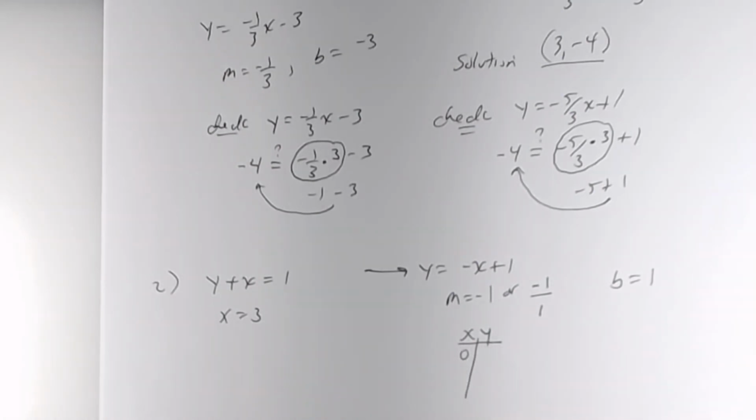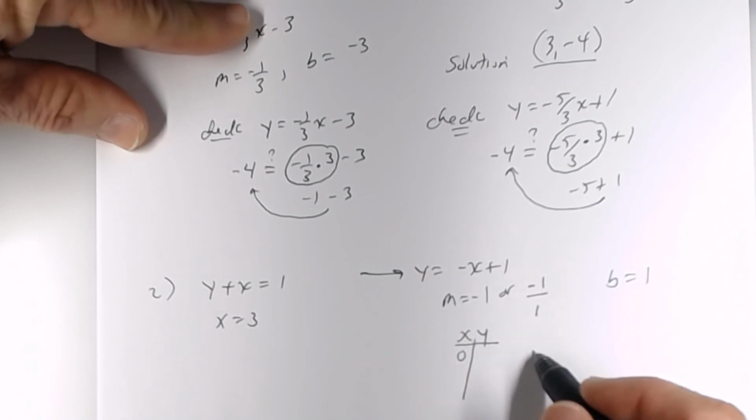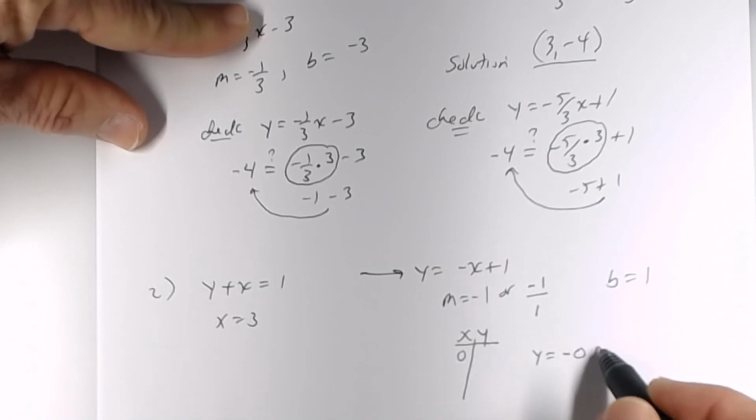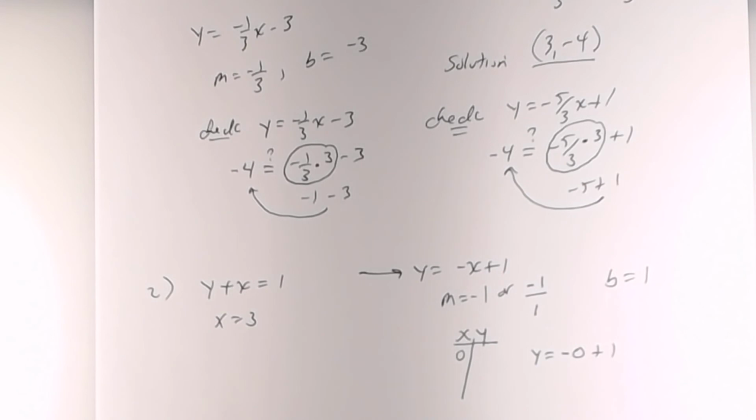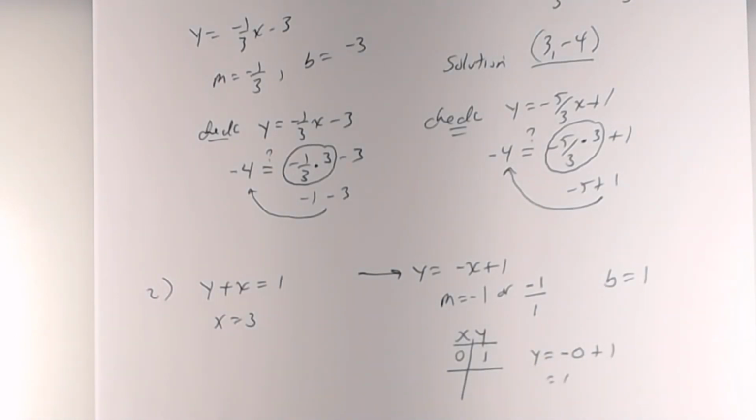If x is 0, I get y equals the opposite of 0 plus 1. So where we saw the variable x, you plugged in 0. Remember using a t-table. What's the opposite of 0? And what's 0 plus 1? 1. So when x is 0, what's my y value? 1. All right, I need one more point.